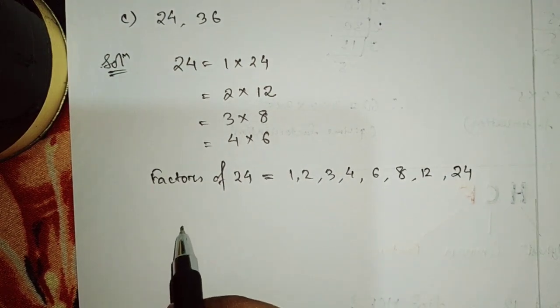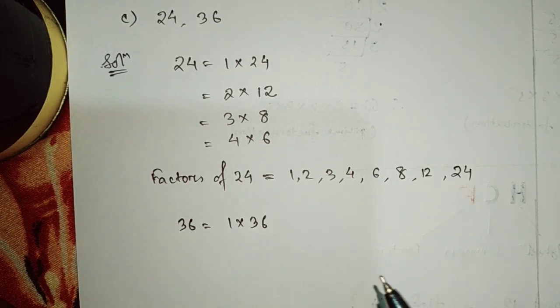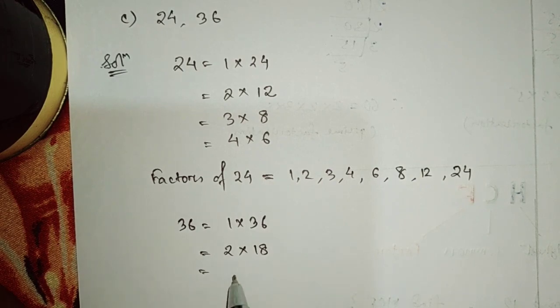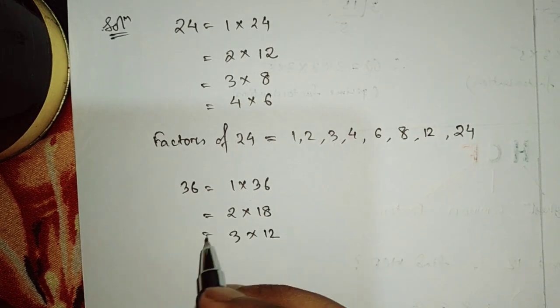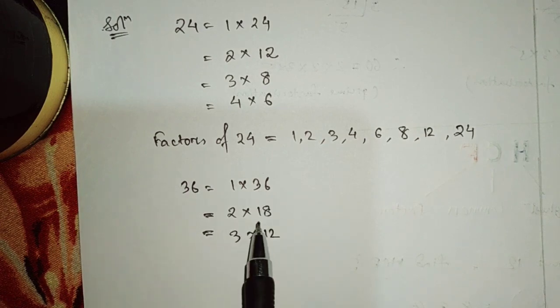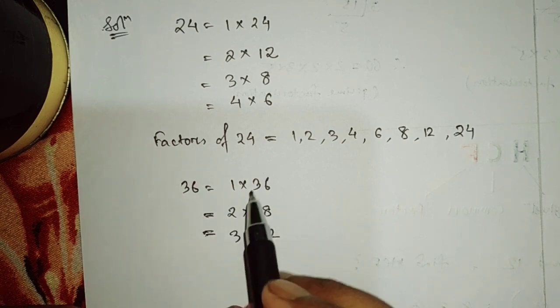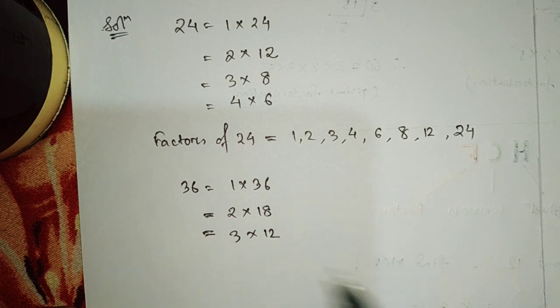And let's come to the factors of 36. 36 can be written as 1 into 36, 2 into 18, then 3 into 12. You just see whether 36 is divisible by 2 and 3 or not. If it is divisible by 2, then you proceed. In some cases the numbers may not be divisible by 2 or 3; in that case you go for 5.